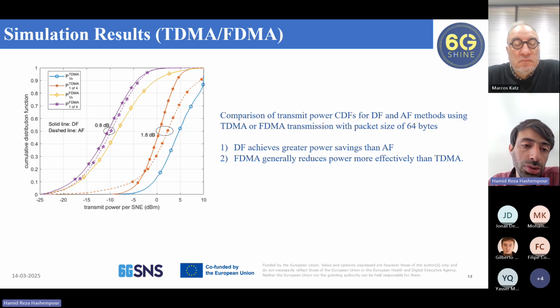That is due to decoding the packets and then forwarding the message, so it's more flexible and has more capability of saving power. On the other hand, FDMA generally can reduce power more than TDMA. That's due to the lower bandwidth allocated to each device and the lower noise power.